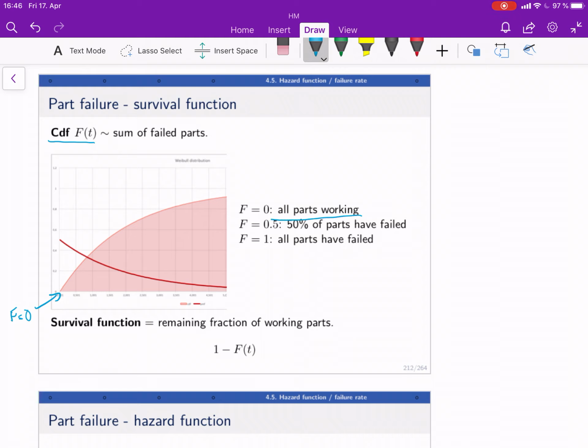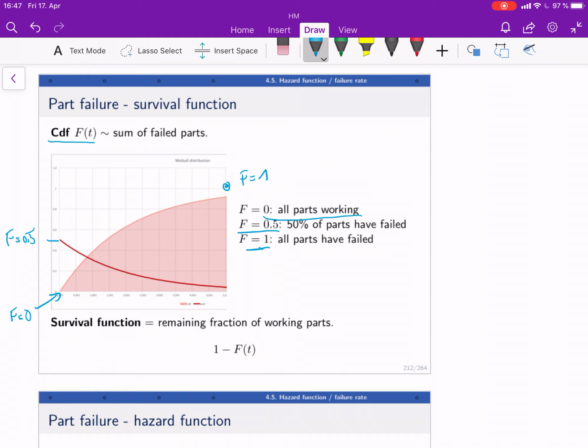That's when all parts are still working. And when we reach F equals 1, that means all parts have failed. Likewise, somewhere in between, F equals 0.5 means 50% of parts have failed. Half are working, half have failed. So the CDF gives us an idea of how many working parts we still have.